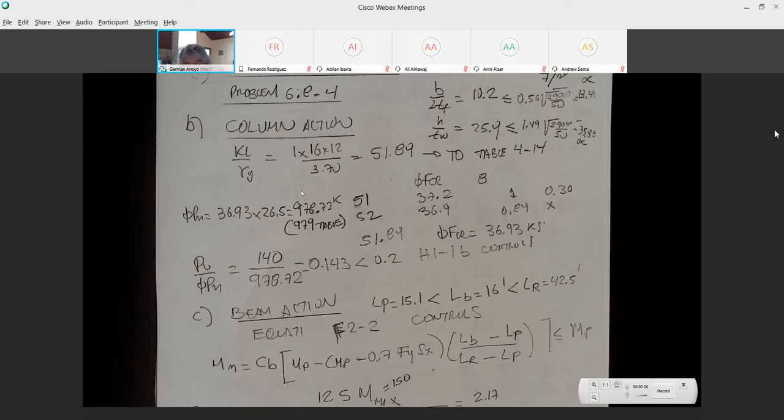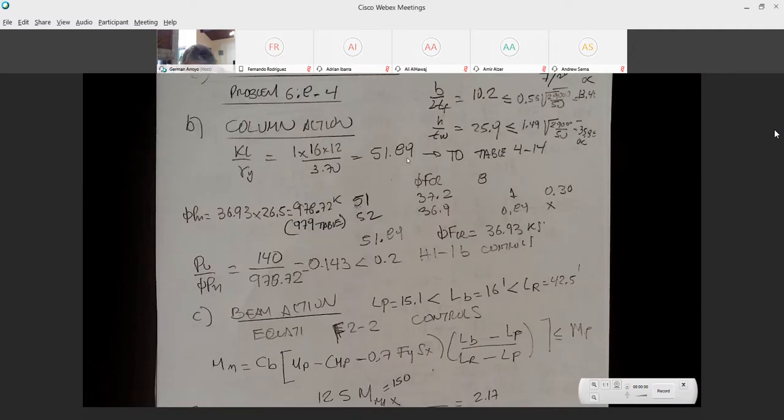KL over r, the largest one controls. It is a column, KL over r y. The largest one controls. So the only thing we need to know is if there is a brace; we have to be careful because we have to check KL over ry and KL over rx. Sometimes the strong axis controls.